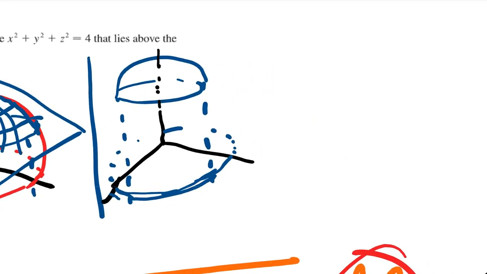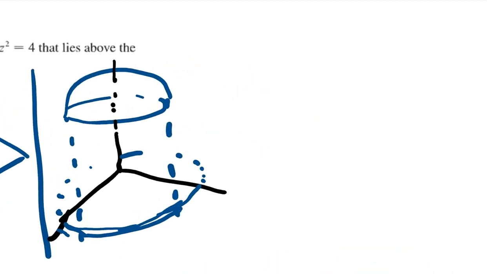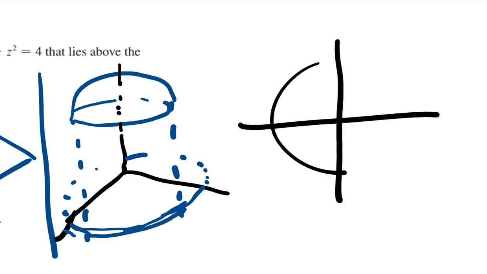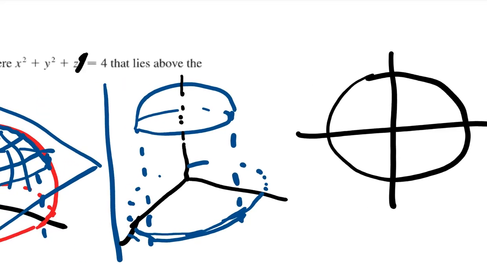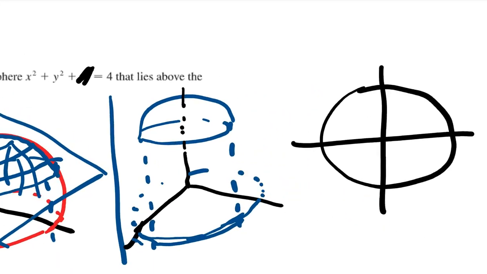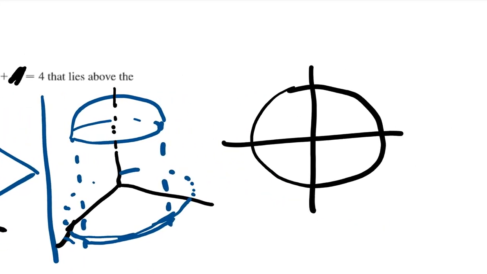Anyway, the way you can look at this is the following. In the xy plane, you have the original sphere projected straight down, where z is 0. That sphere has a radius of 2. So when you project the sphere down into the xy plane, this has a radius of 2.